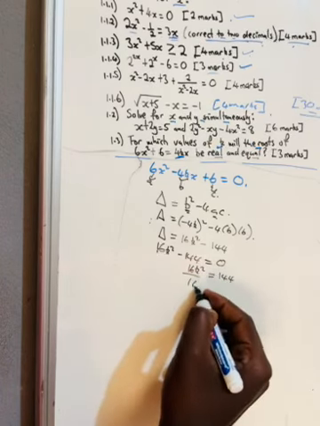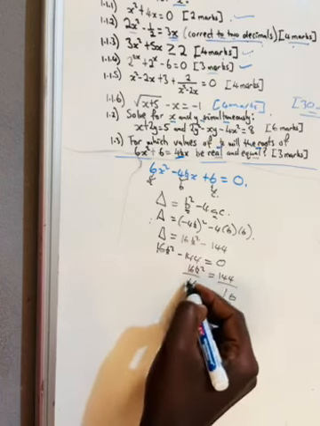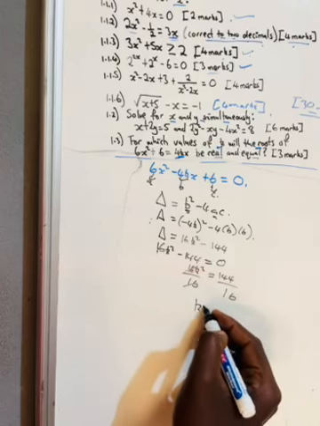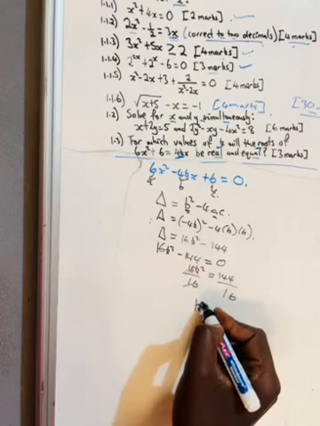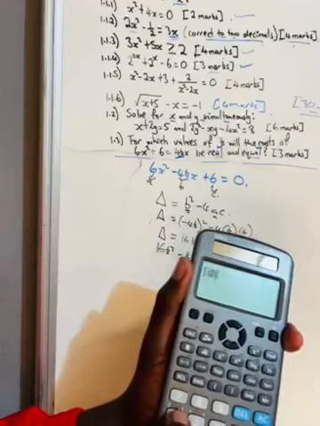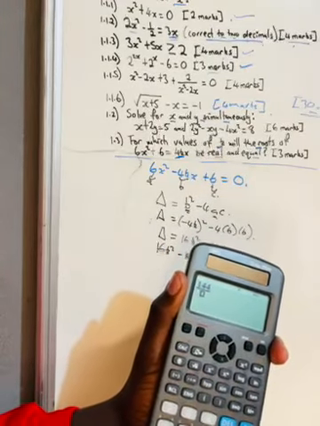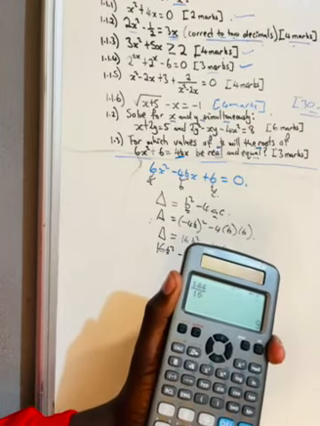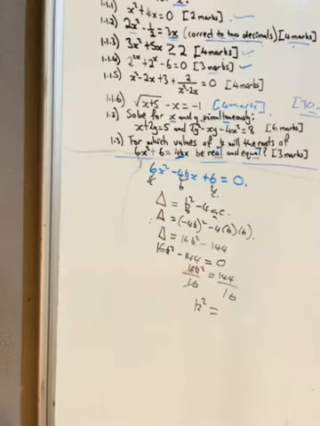I divide by 16, I divide by 16. 16 over 16 is 1. So here I've got k squared, which is equal to 144 over 16. I go to my calculator, I input 144 divided by 16, which is equal to 9. So here I've got 9.